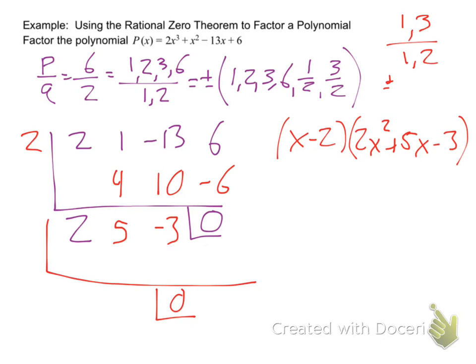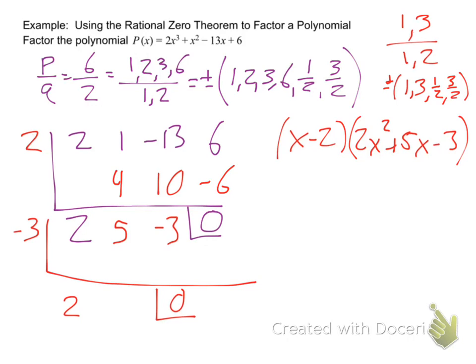So my next round would have 1, 3, 1/2, and 3/2. I'm down to 8 options instead of 12. Which is kind of nice. We know 3 doesn't work. Maybe, does negative 3 work? Let's test it.